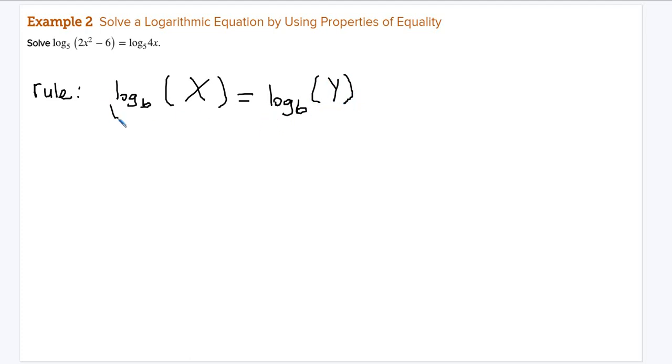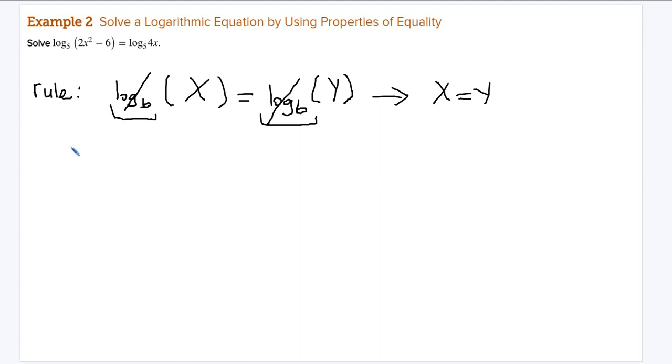As long as you have the same log base b on both sides, but it has to be the same. If one is 5, the other can't be 4. It has to be exactly the same, just like in this question, log 5 and log 5. You can ignore these, and you can just say x will be equal to y. That's it. So when you see two logs together, you just eliminate the logs on both sides as long as they have the same base, like the b here, and that will be fine.